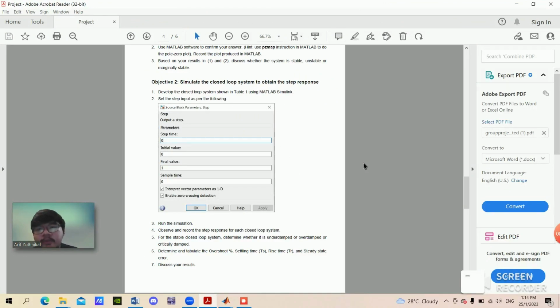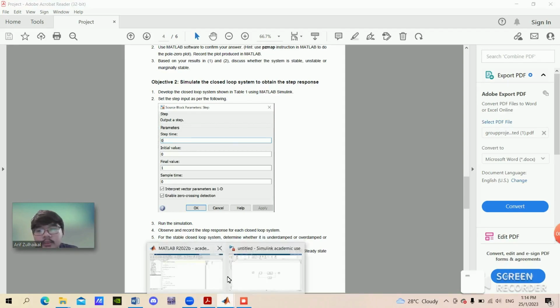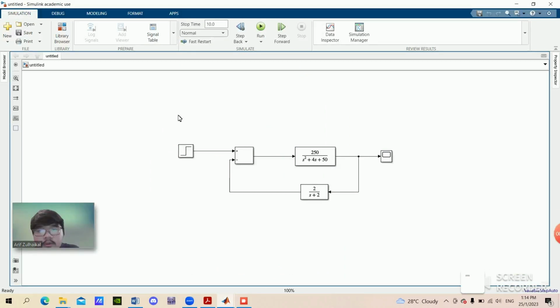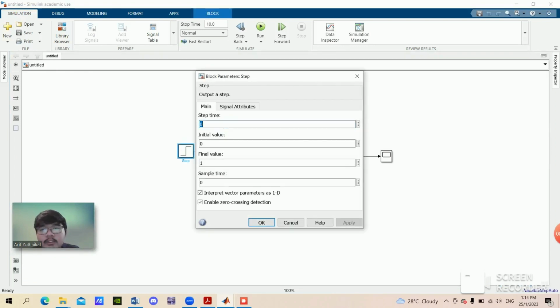For objective 2, develop the closed loop system shown in Table 1 using MATLAB Simulink. First, we create this block diagram in Simulink. After that, we input the values: step time 0, initial value 0, final value 1, sample time 0.